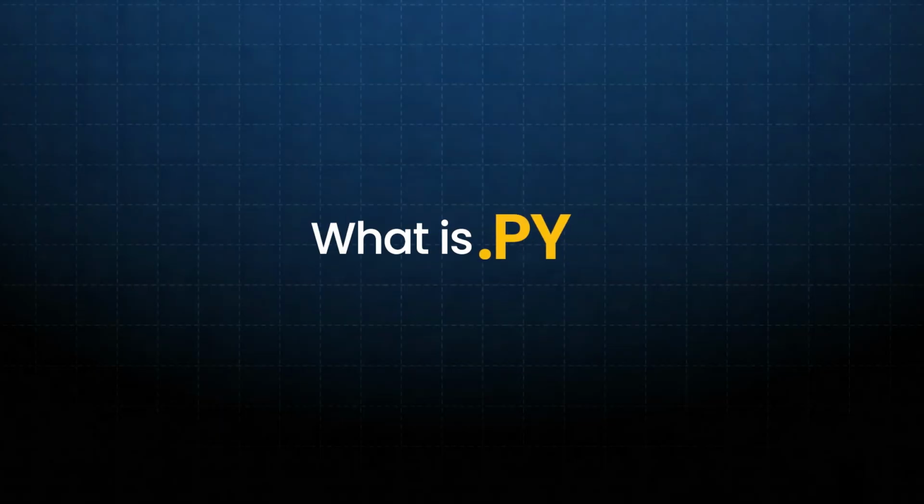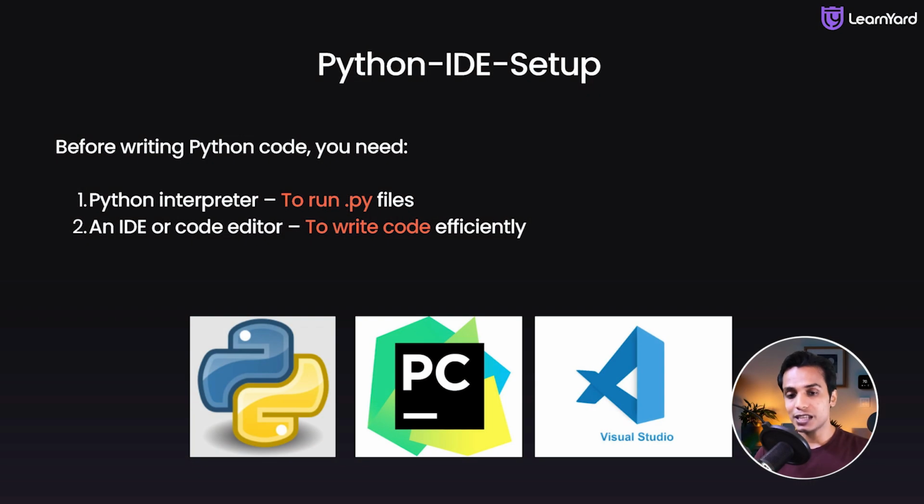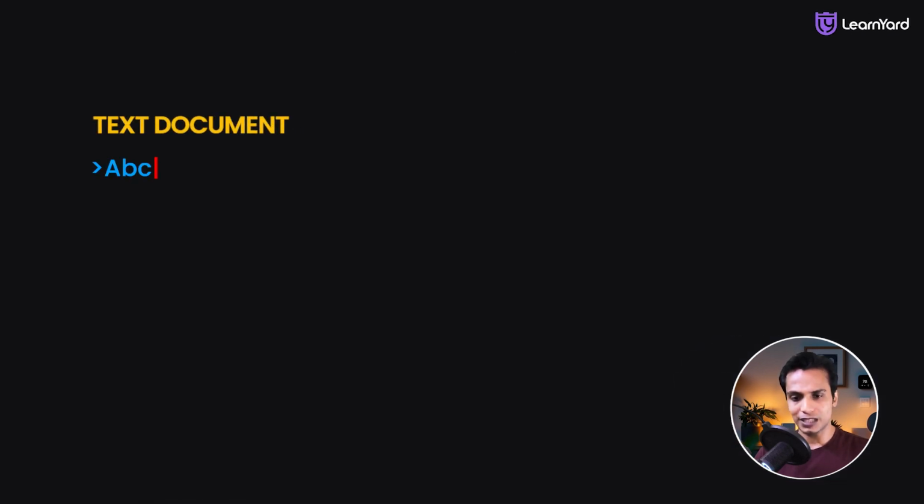Now what is .py? Well, whenever you save a text document on your system, it would be named something like abc.txt. So txt is the extension for that. Similarly, song.mp3, where mp3 would be the extension for that audio.